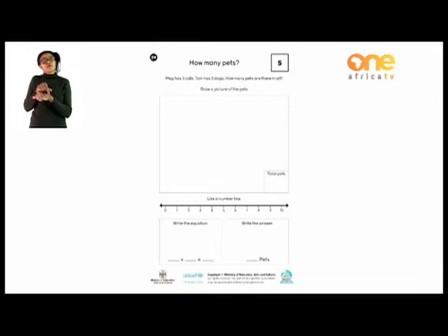So 3 plus 3 equals, write in the correct answer on top of the lines. Let's go to the next box or to the next square. Write the answer.